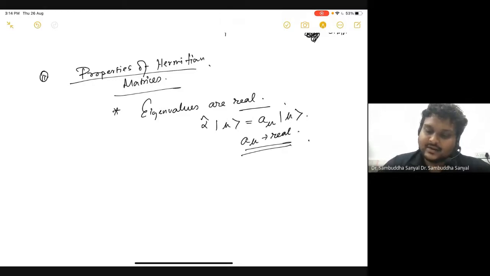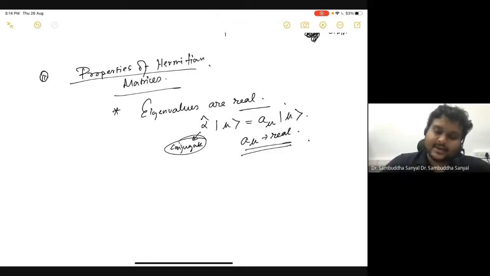How can you show that? You have to take a conjugate of this and subtract that from each other. So I'm giving a sketch of the proof. Conjugate means take a dagger on both sides, not the complex conjugate, and subtract these two forms from each other.